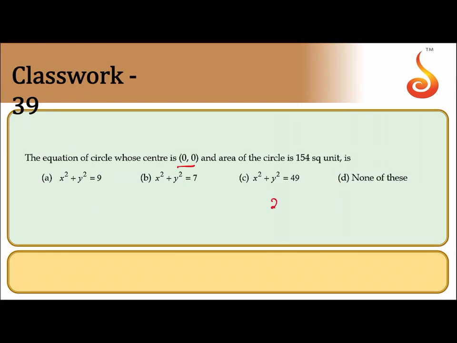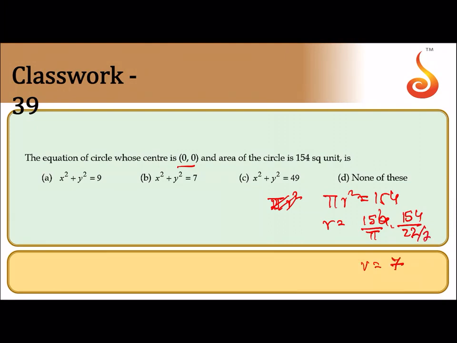Question 39, equation of a circle whose center is given to you and area. From this we can calculate the radius. Pi r square is equal to 154. So we can calculate the value of r square as 154 by pi. We can take 154 by 22 by 7.